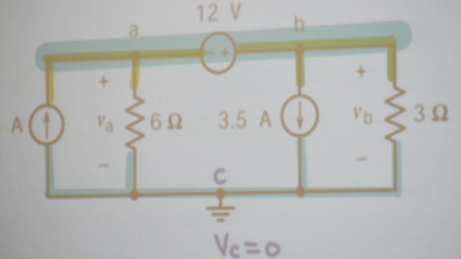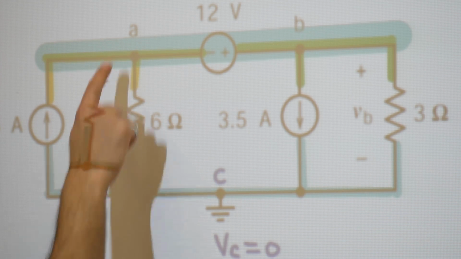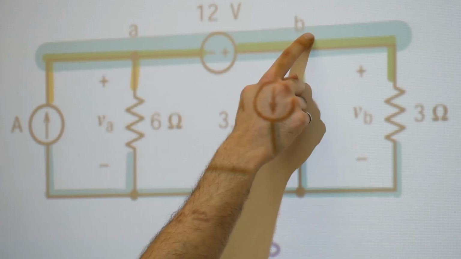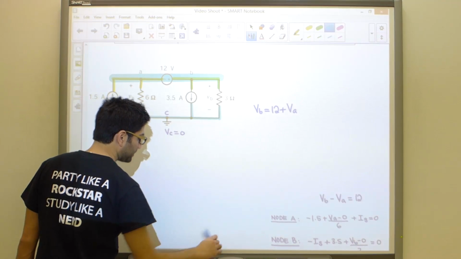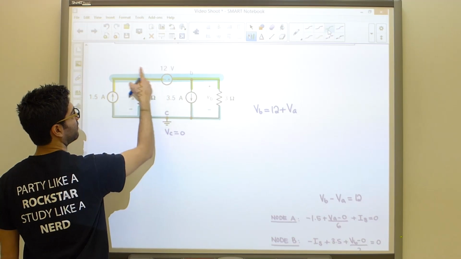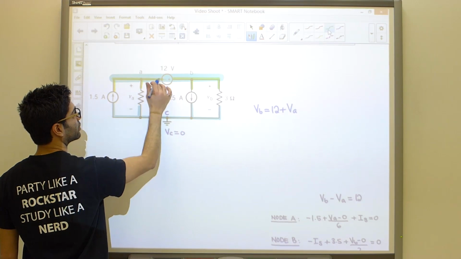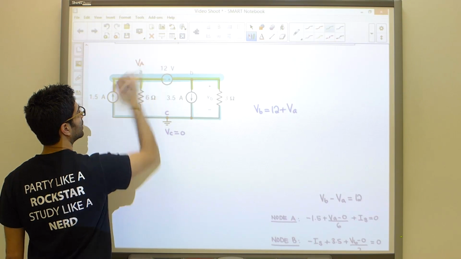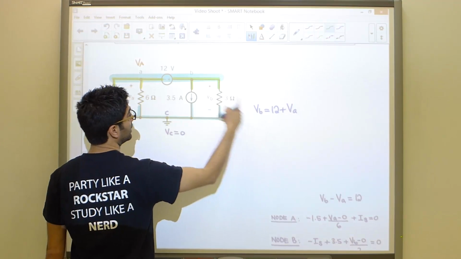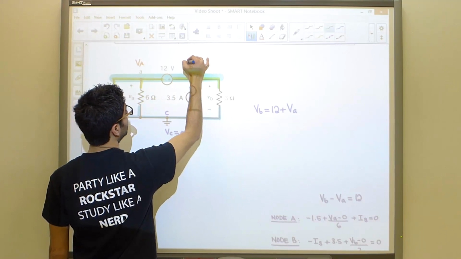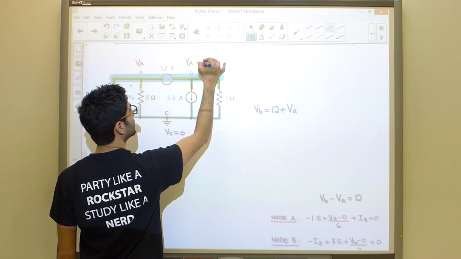The one thing we are going to maintain, though, is the relationship between VA and VB. If I call this side of my node, the side to the left of the voltage source, VA, we know from this equation that VB, this side, is nothing more than VA plus 12.